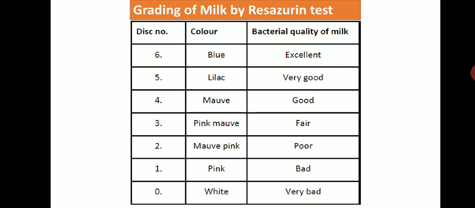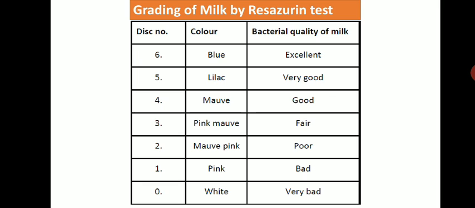Then lilac is considered very good quality of milk. Then mauve color is considered good quality. Then pink mauve color, at pink mauve, the quality of milk is considered unfair. Then pink color is considered bad quality of milk.